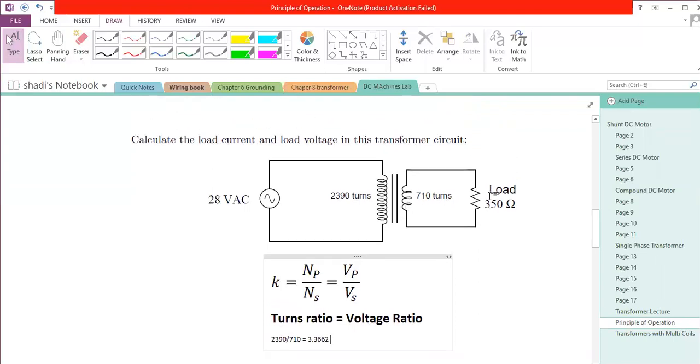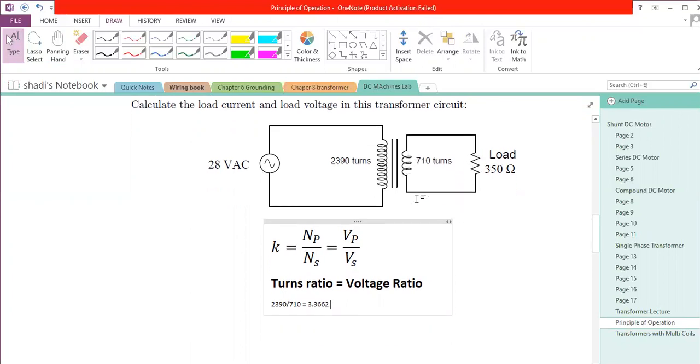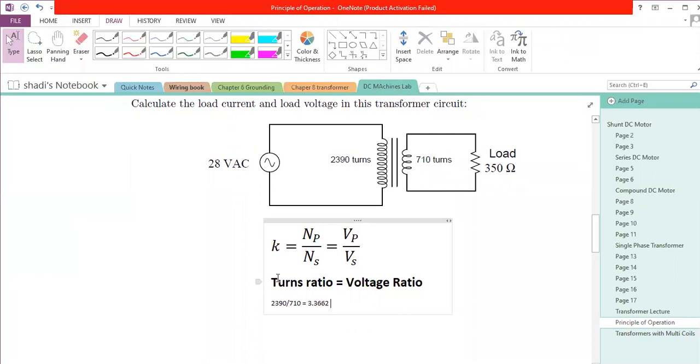So in other words, this is the load. We need to figure out what is the current that moves through this circuit, which is the secondary only, and the voltage which will be applied to the load, which is the V secondary. From the turns ratio, we can also conclude the voltage, because the turns ratio is equal to the voltage ratio. Again, the voltage ratio is the ratio between the voltage in the primary to the voltage in the secondary.